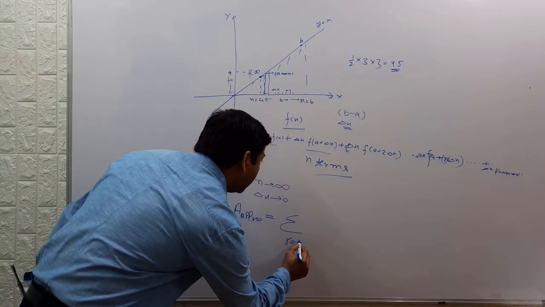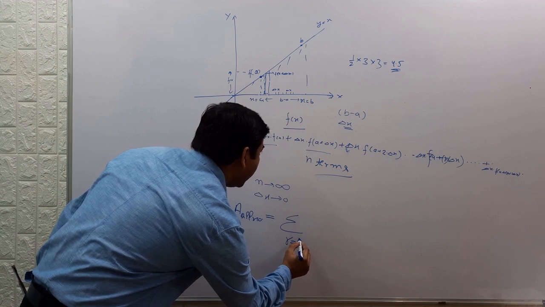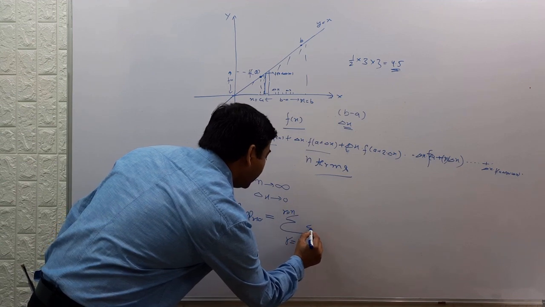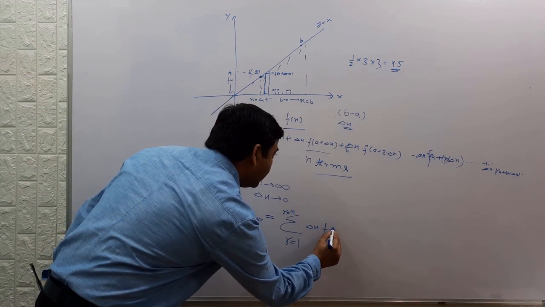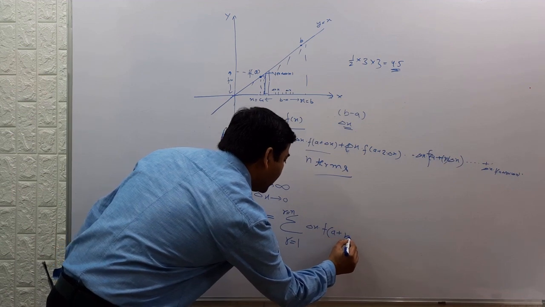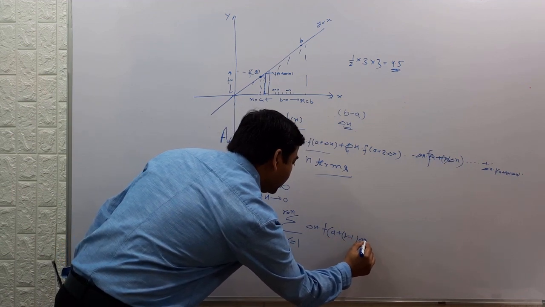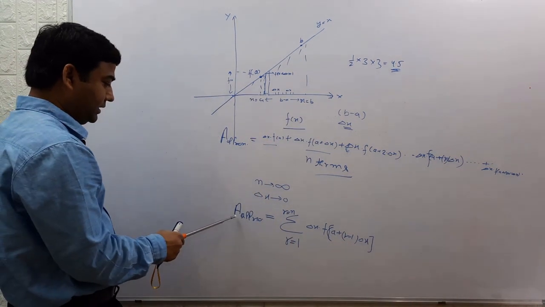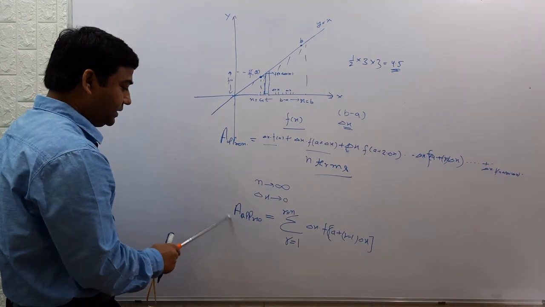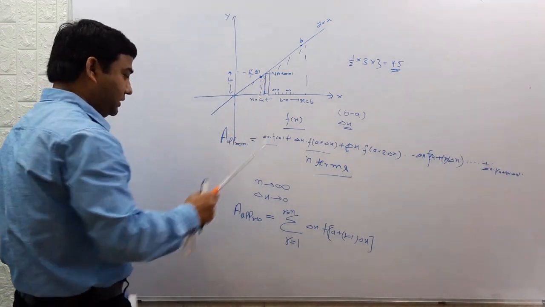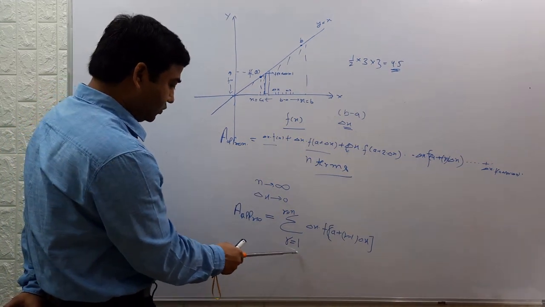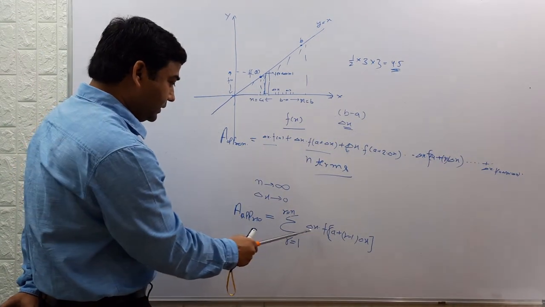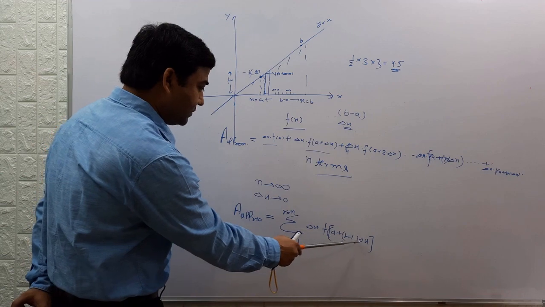The approximate area will be equal to sigma, r equal to 1 to r equal to n, for n number of divisions, delta x into f(a plus (r minus 1) into delta x). Again, just concentrate.